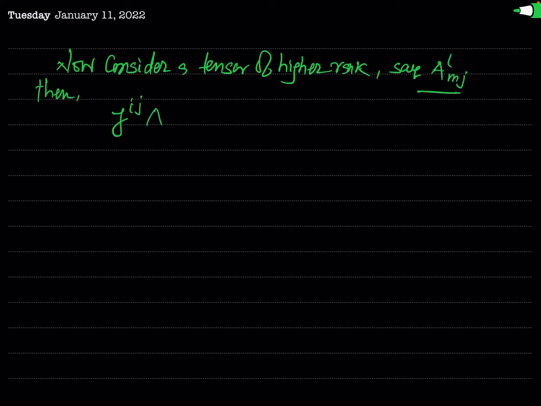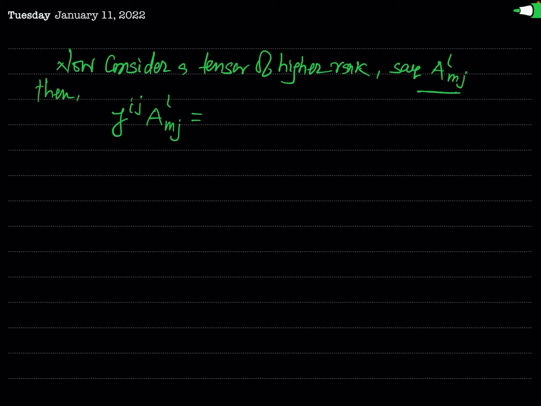So G super ij multiplied with A super l sub mj, and you can see here actually j is the repeated index. It is once as a superscript and once as a subscript.